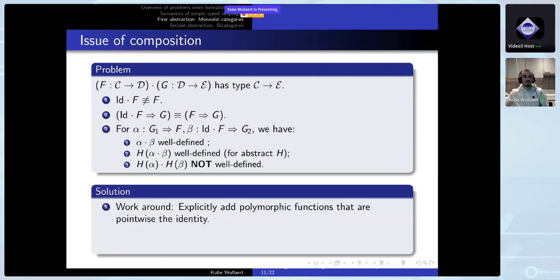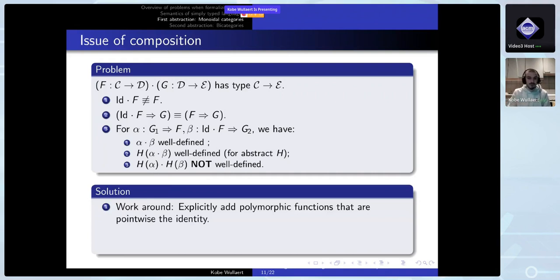One can work around this issue by always intermediately putting in a polymorphic function which is pointwise the identity.